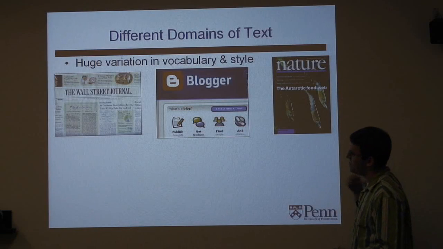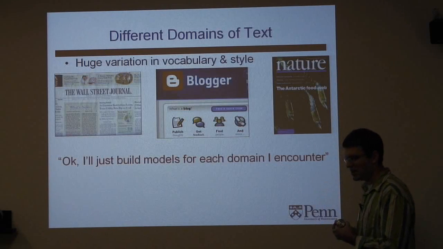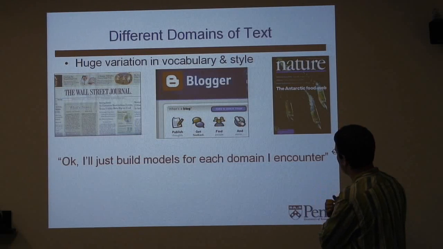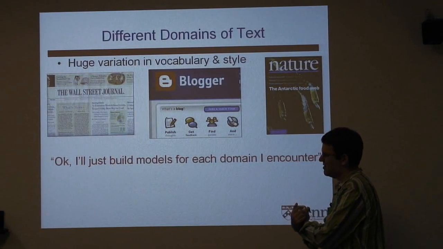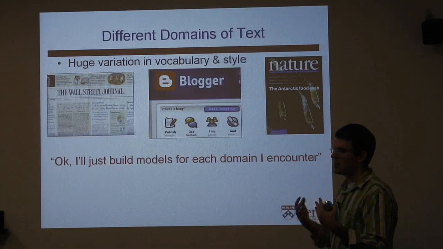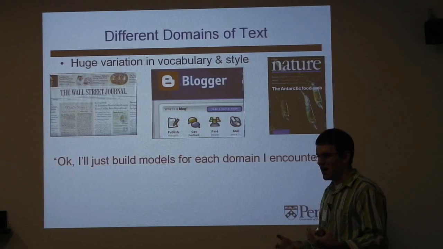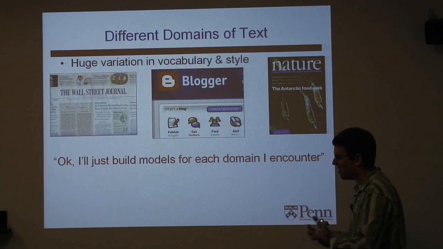One way to approach this is to say, okay, we've got multiple domains, so let's just train a model in each domain, and that way we can handle all the data we ever encounter. That works well, but training a model usually involves some sort of annotation, and in the case of translation, this means you would have to get a translator to translate blogs for you.